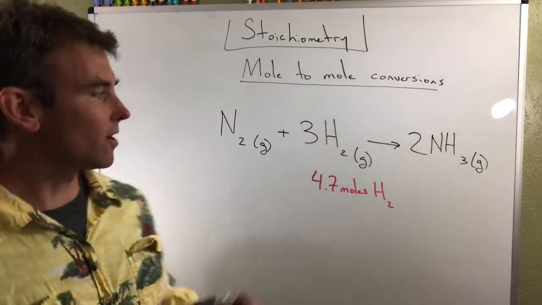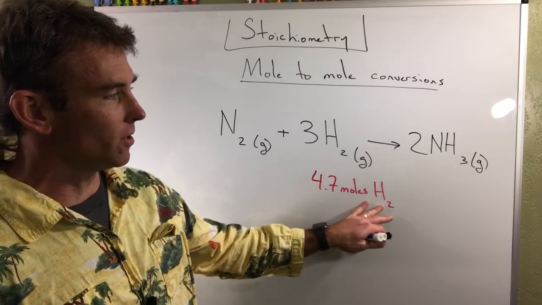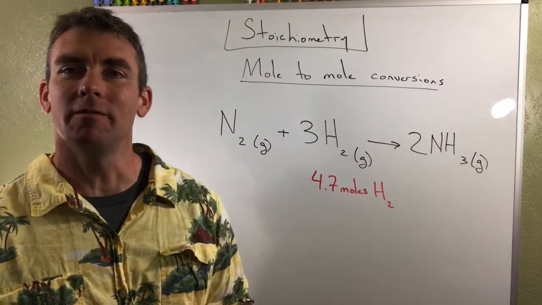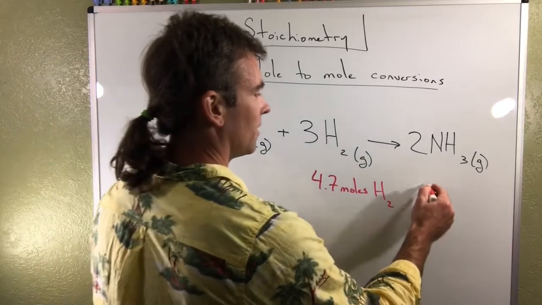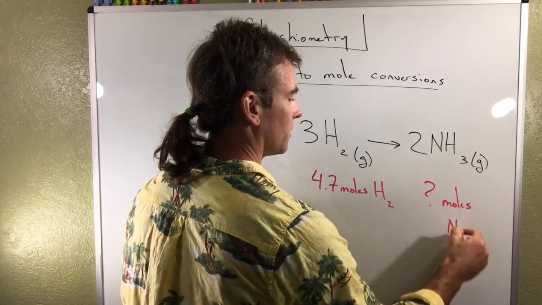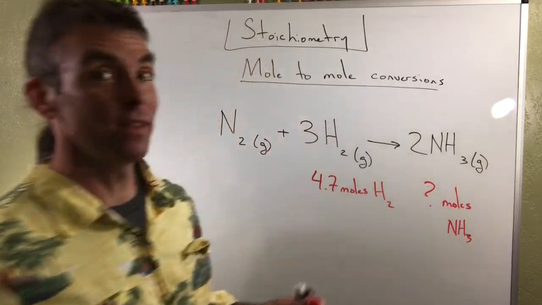Okay, so let's start the process in the same way. We know that we've got 4.7 moles of H2. Let's try to determine how much product we can actually form. And so now we need to know the number of moles of NH3 that can be formed. Turns out it's no different than what we did before.